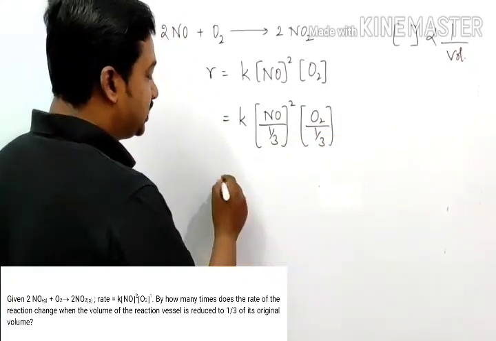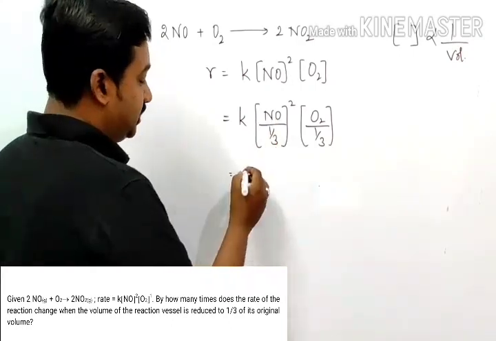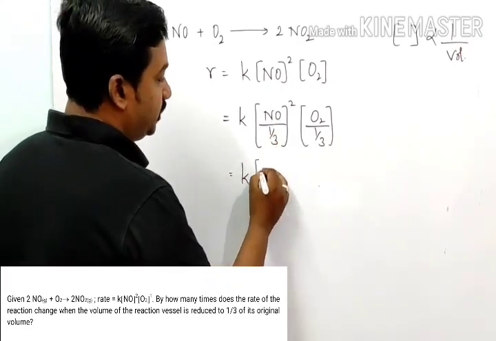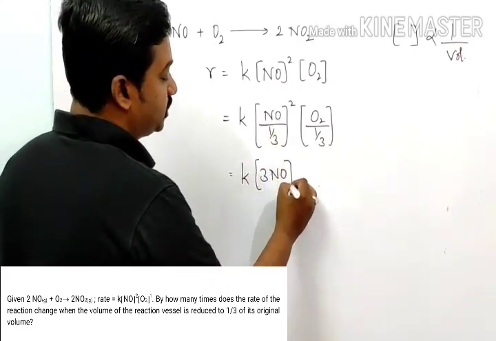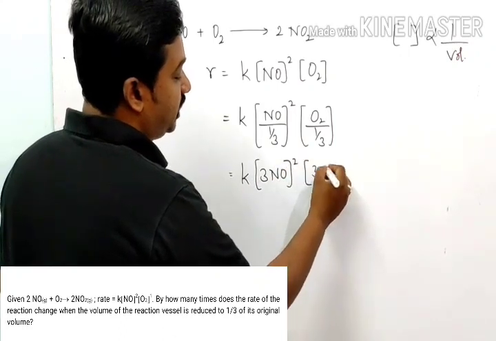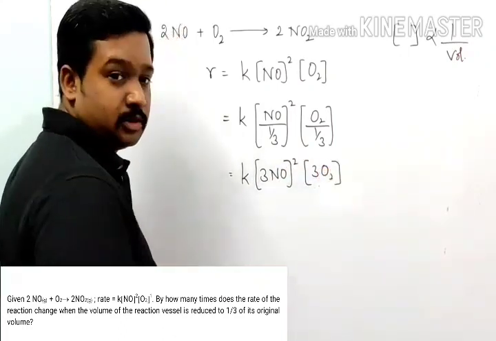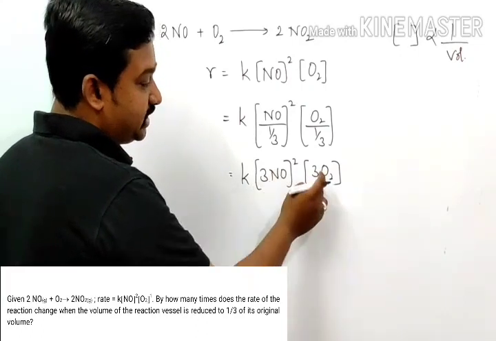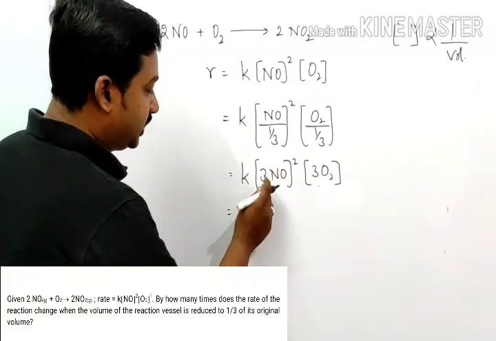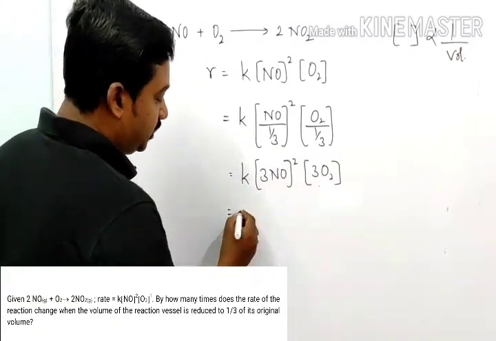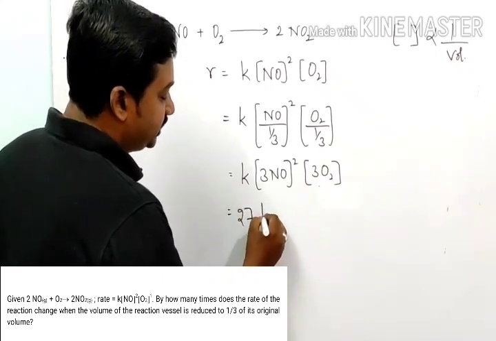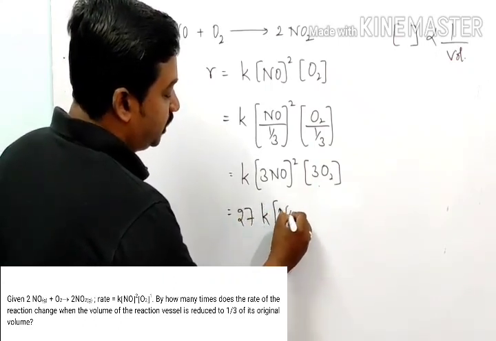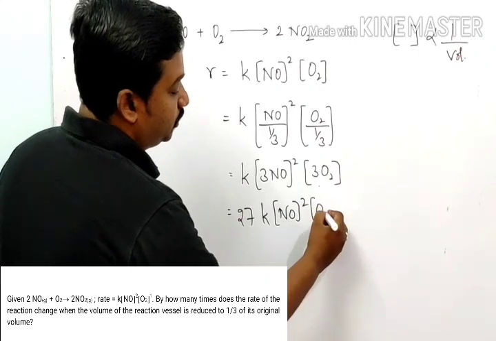So what happens to the concentration? There must be an increase, and that is given as K into (3NO) squared into (3O2). Take these constants 3 out so that they become 3 squared, 9, into 3, 27. 27 times K into [NO] squared into [O2].